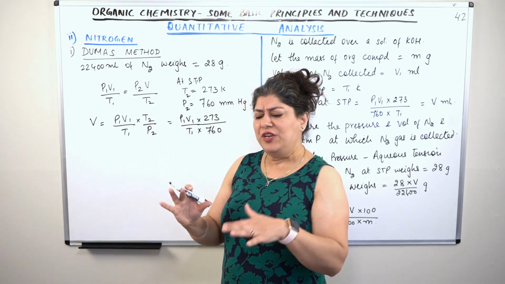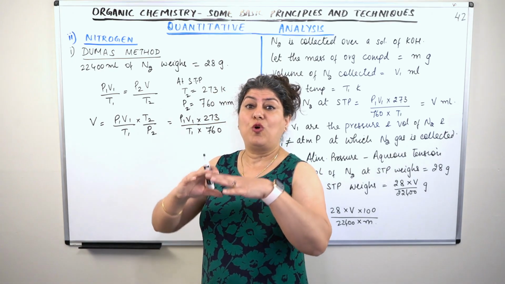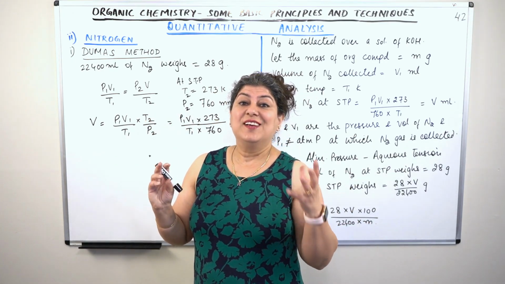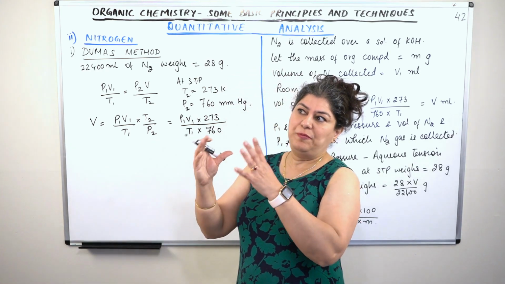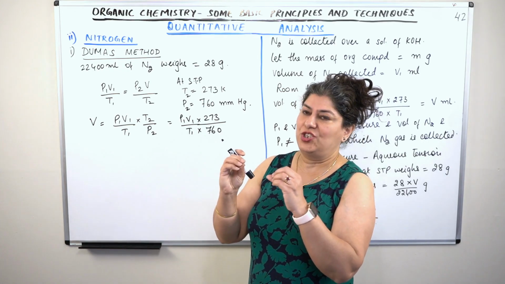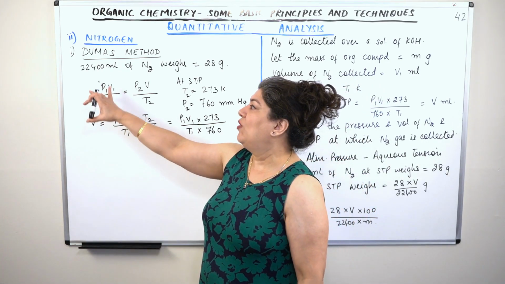Whenever you collect a gas over water, some water molecules will always be present, and those will exert their own pressure. That pressure is known as the aqueous tension. So you will have to subtract the aqueous tension to get the value of P1.